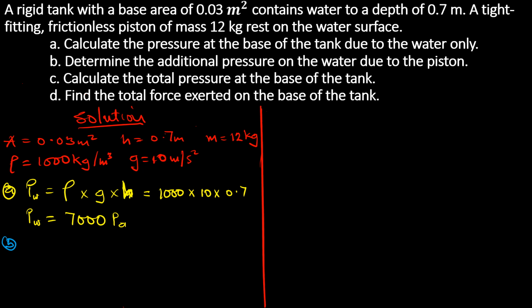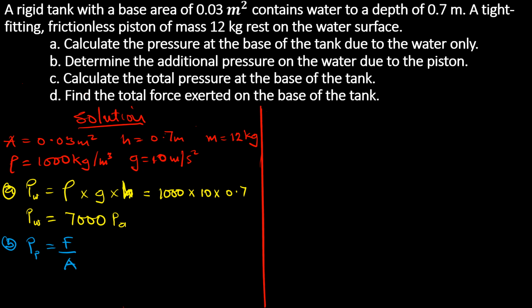So let's make it pressure of the piston, PP, which is equal to, we know pressure to be force over area. But we don't have force, so we first have to calculate the force before we can then calculate the pressure of the piston.